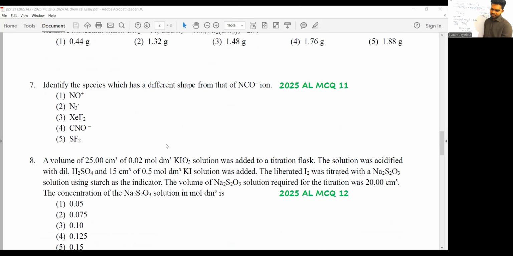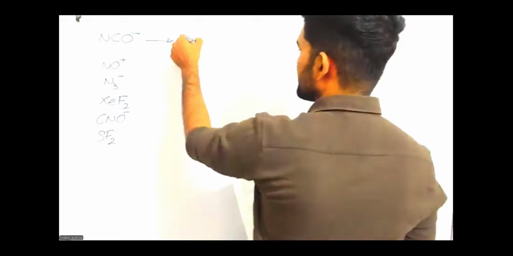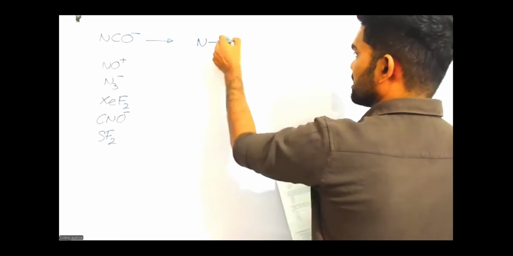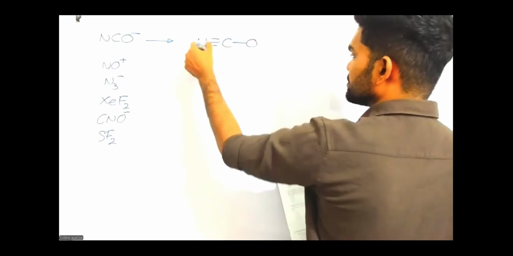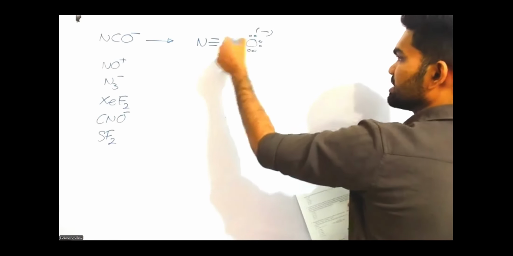Okay, let's go to the 7th question. Identify the species which has a different shape from that of NCO minus. A different shape than NCO minus. So what is the shape of NCO minus? The central atom is carbon. If there is a negative charge, normally it should be on the more electronegative oxygen here.